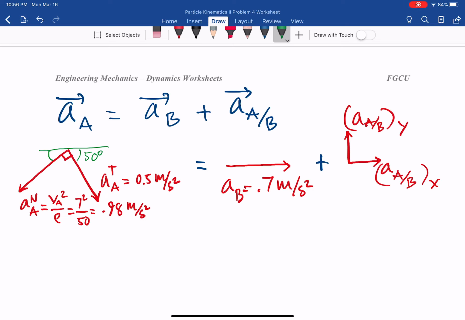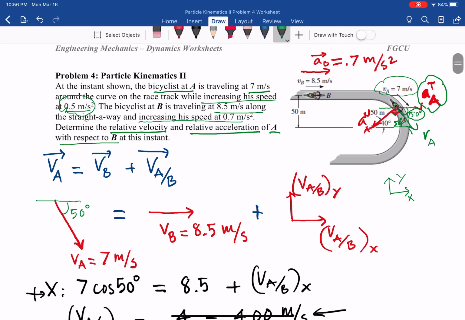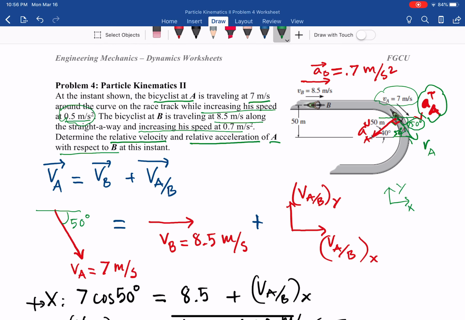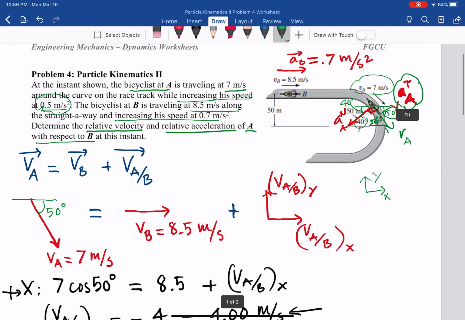This is 50 degrees for A_T. The right angle is between A_T and A_N, so the total is 180. So that one has to be 40 degrees to get 180. Or if you go to the figure, you will see something similar, and you can see this is the 40 degrees given here.